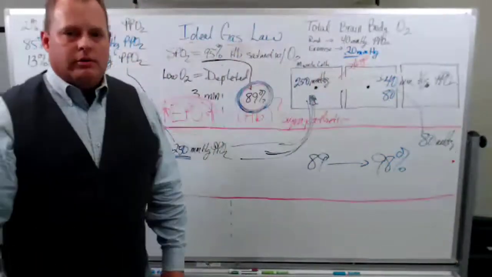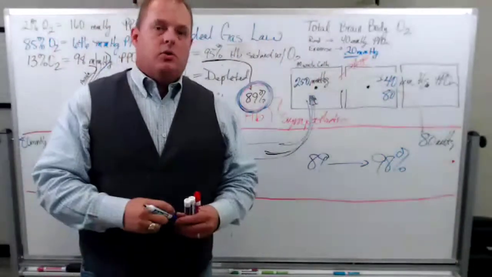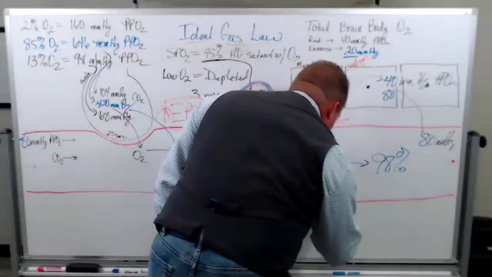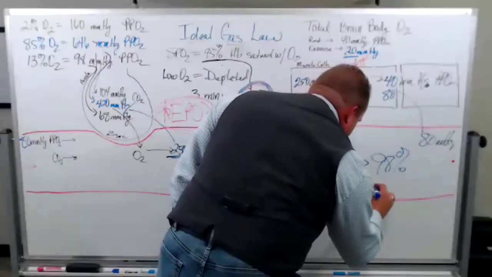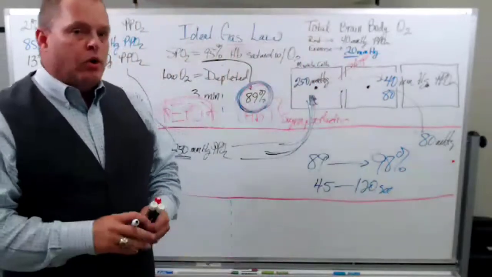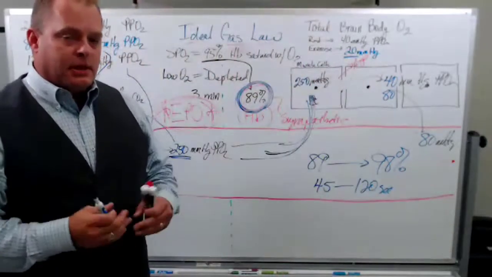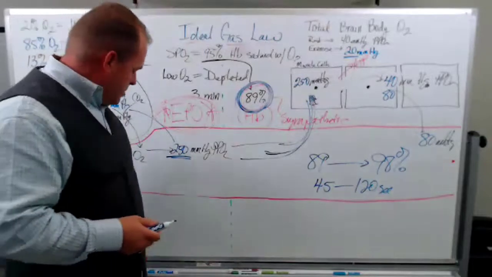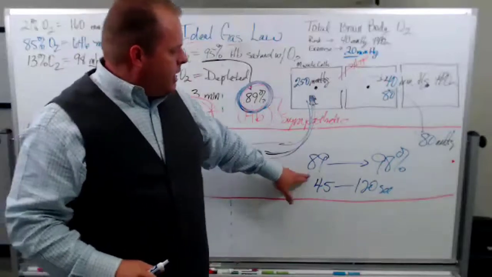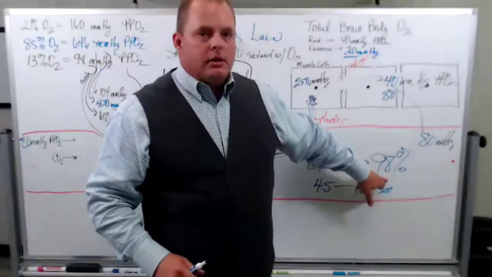a normal individual that may be conditioned or ill, that typically takes anywhere from 45 to 120 seconds. Most individuals do it between 45 and 60, but it depends on how sick they are. So they go from 89 to 98%.